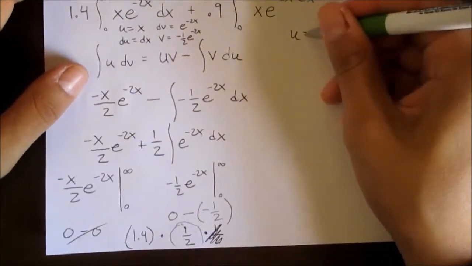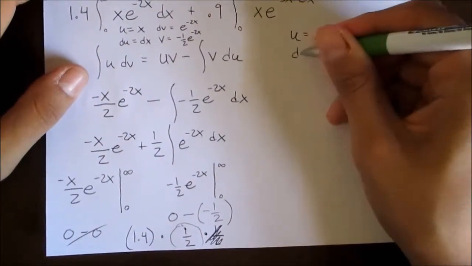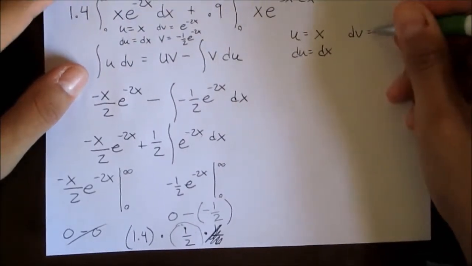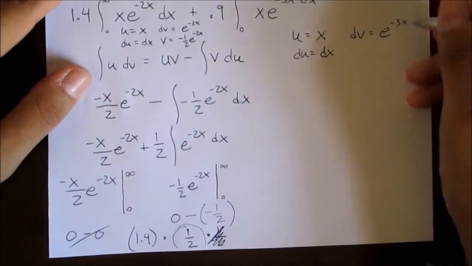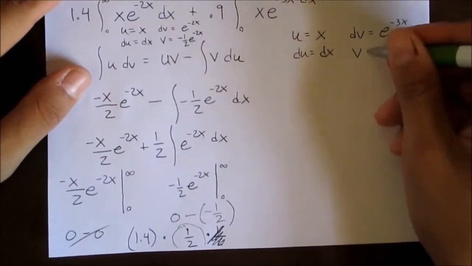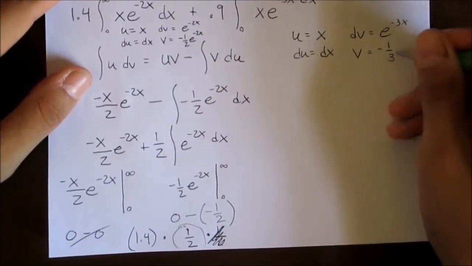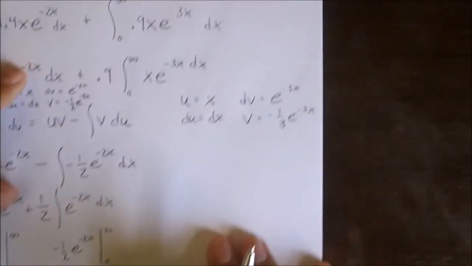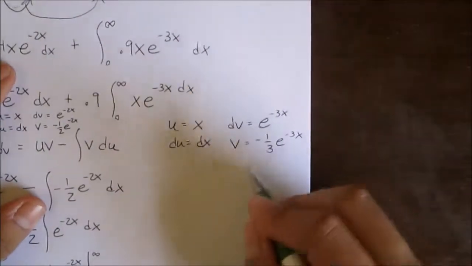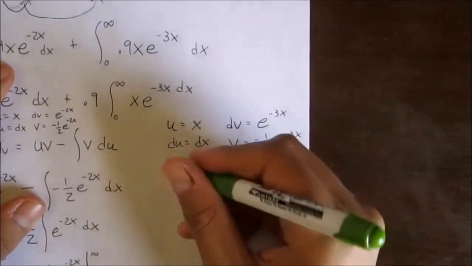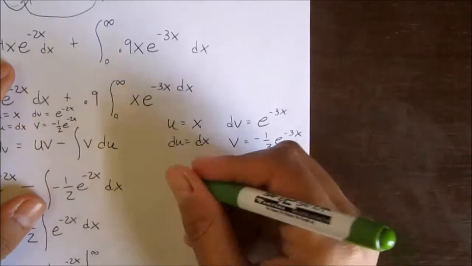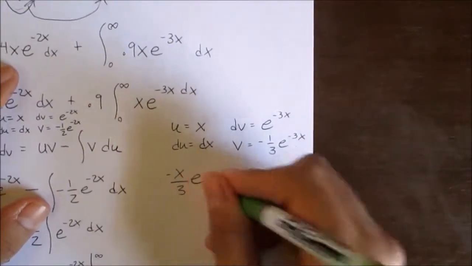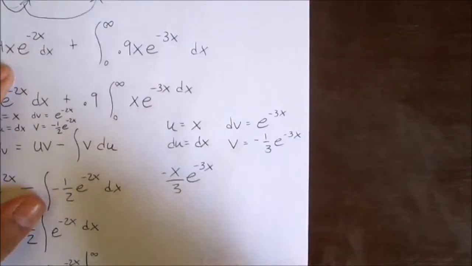So then do the same process. So let's create u is equal to x, and then du is equal to dx, and then dv is equal to e to the negative 3x. Integrate that, so it becomes v equals negative 1/3 e to the negative 3x. And now just do the integration by parts. So uv, that's negative x thirds e to the negative 3x.